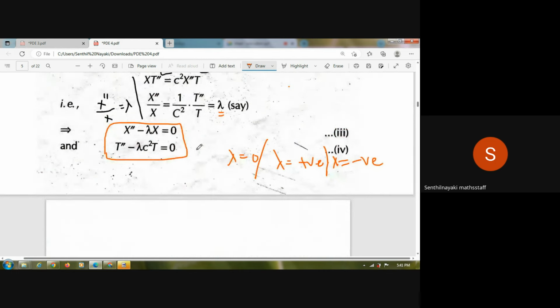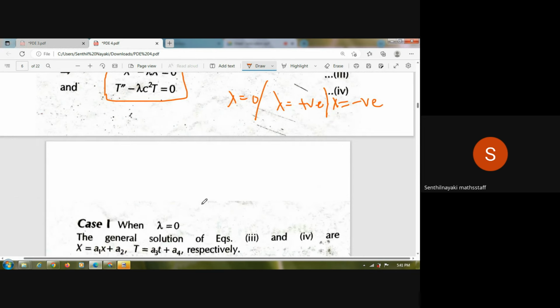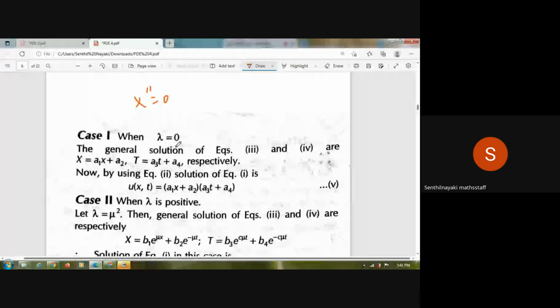If lambda equals 0, then we have X'' = 0 and T'' = 0. After integrating, if X'' = 0, then integrating the first time we get X' = a1, a constant.